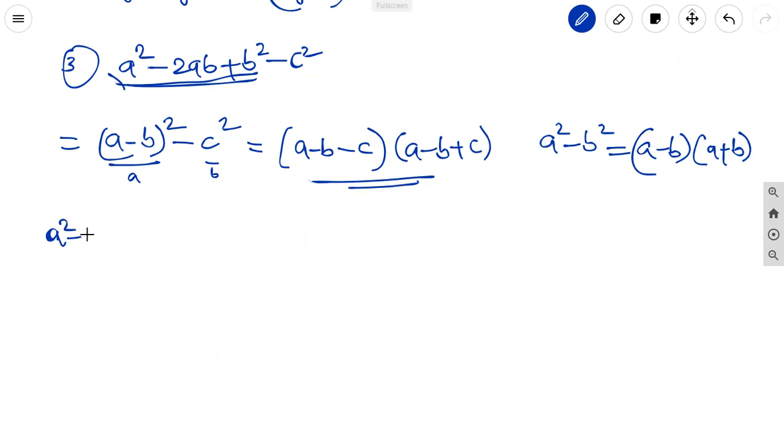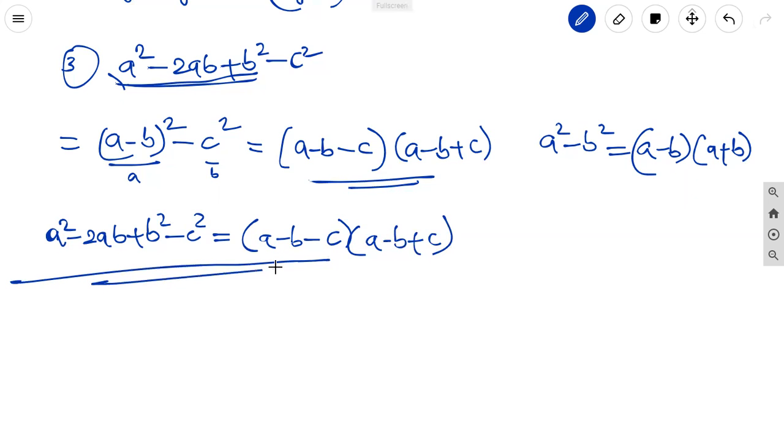So a square minus 2ab plus b square minus c square equals (a − b − c)(a − b + c). That is the factorization of the given function.